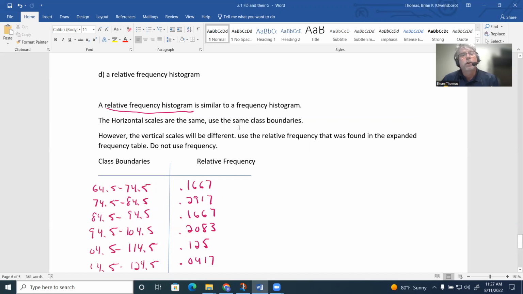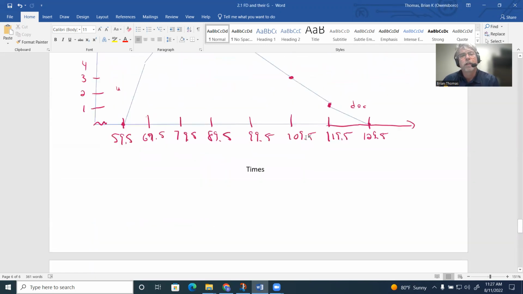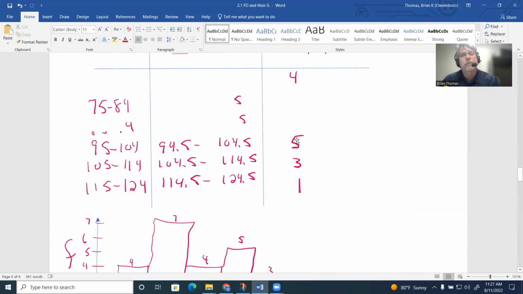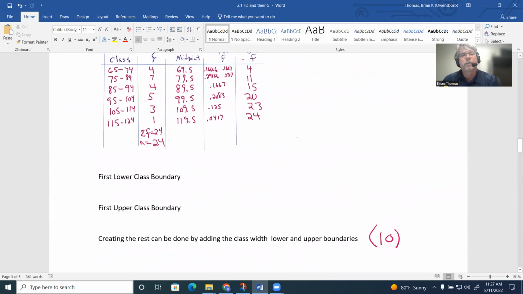What we're going to do is use the relative frequency that was found in the expanded frequency distribution table. We're not going to use the actual frequency. If you recall, at the very beginning when we did our expanded frequency table, if I can find that up here.